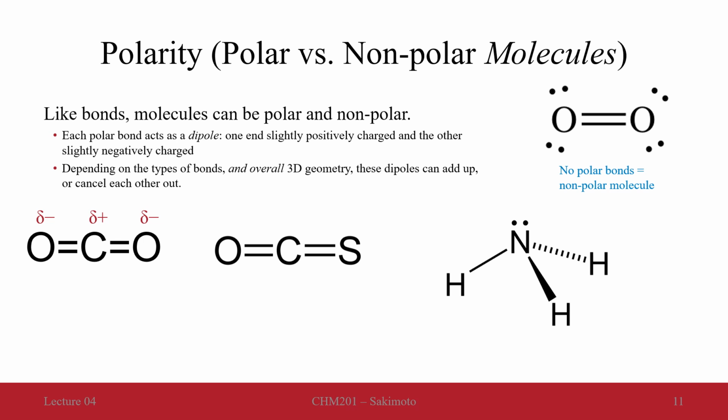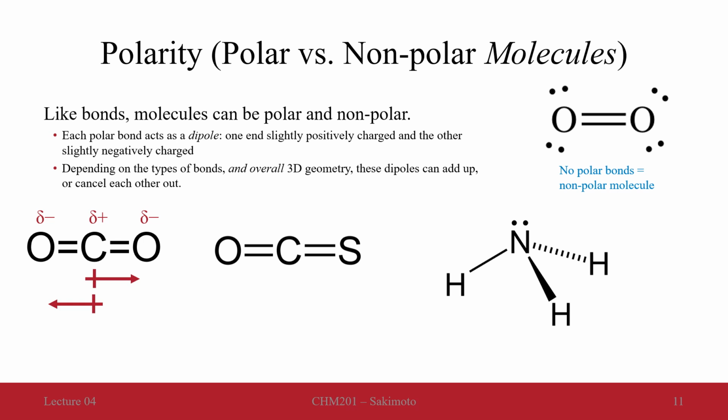But because this molecule is quite symmetric, with a pair of equivalent negative charges on the outside and a positive charge balanced directly in the middle, there's a canceling out of the positive and negative halves of this molecule.